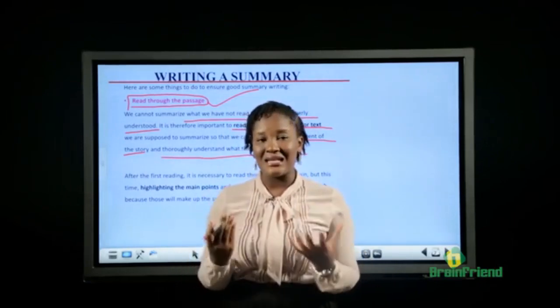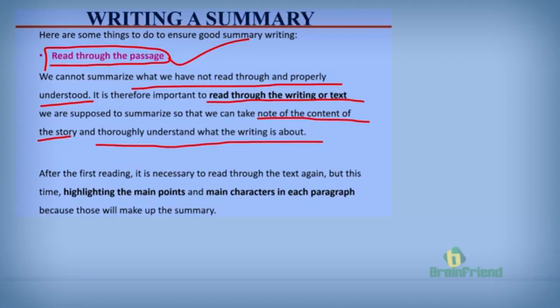We need to understand it properly. The understanding of what we have read would enable us to write a better summary. After the first reading, it is necessary to read through the text again, but this time highlighting the main points and main characters in each paragraph, because those will make up the summary.